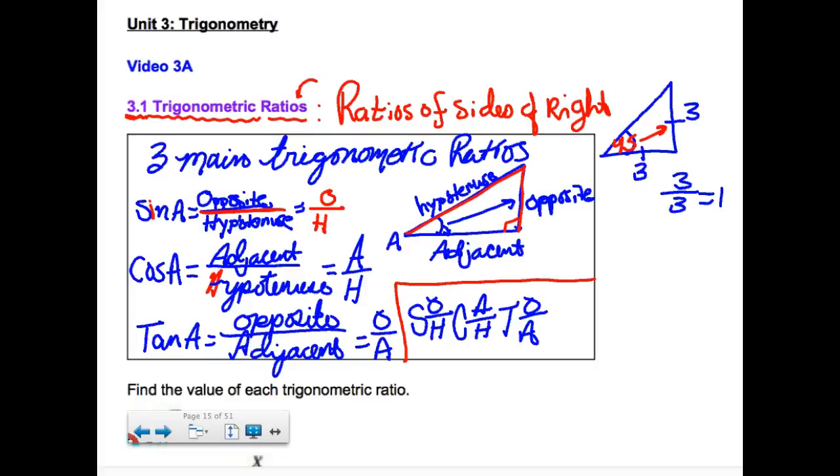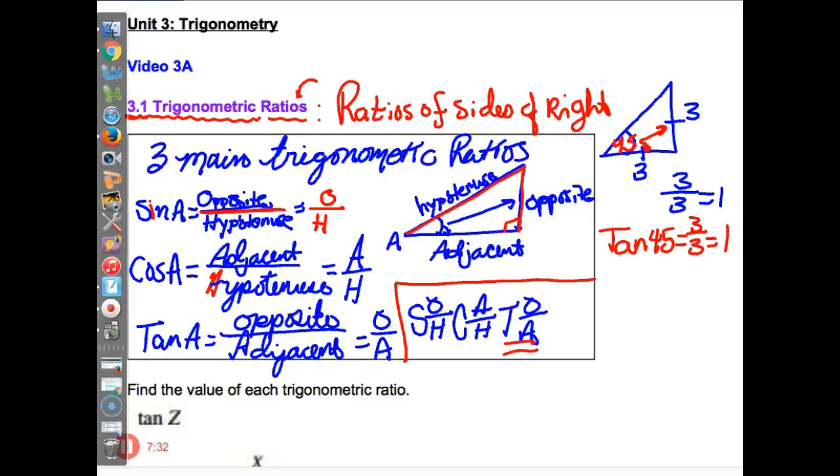This is opposite. This is adjacent. So what I'm telling you is that the tangent of a 45-degree angle is its opposite side over its adjacent side, which is 1. What does that mean? It means for any 45-degree angle in a right triangle, that ratio will always hold.